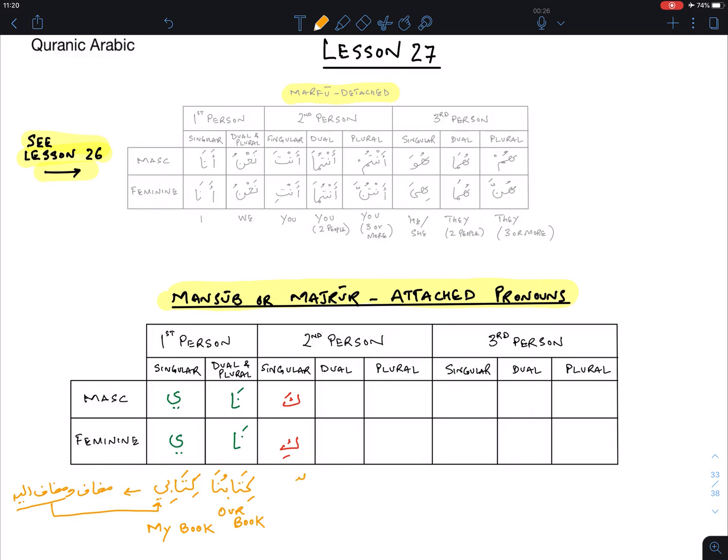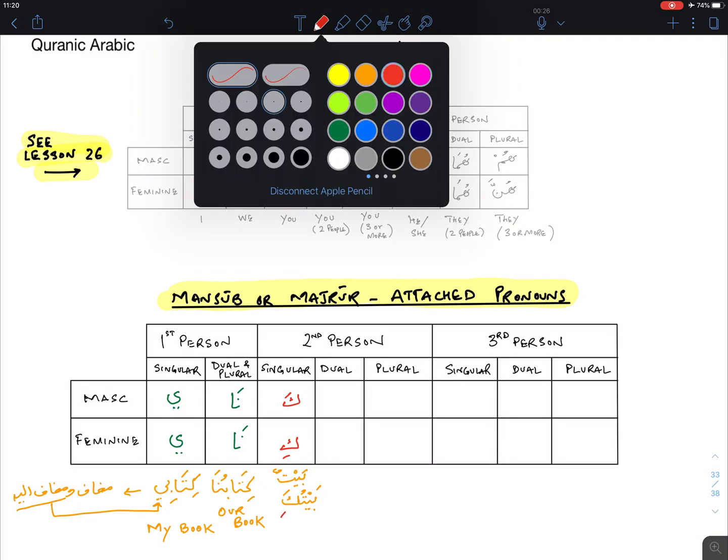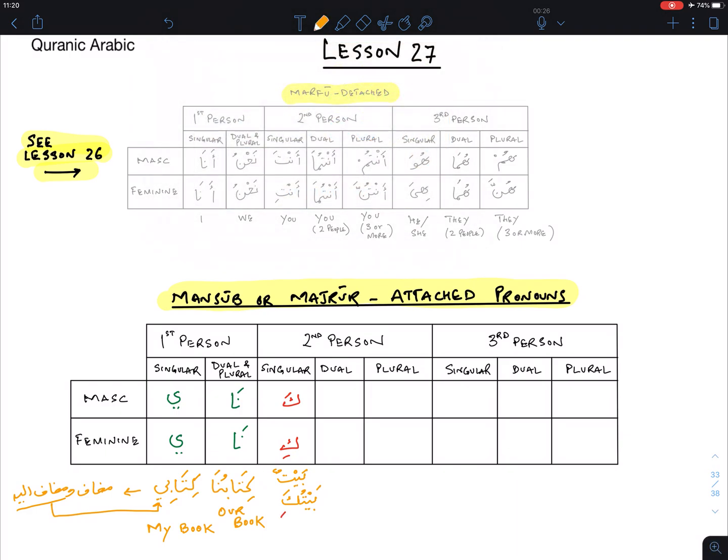Baytun means house. When we attach it, it becomes baytuka for the masculine, and for the feminine, it's just going to have a ki instead of the ka. It'll be baytuki, and the translation will be your house.